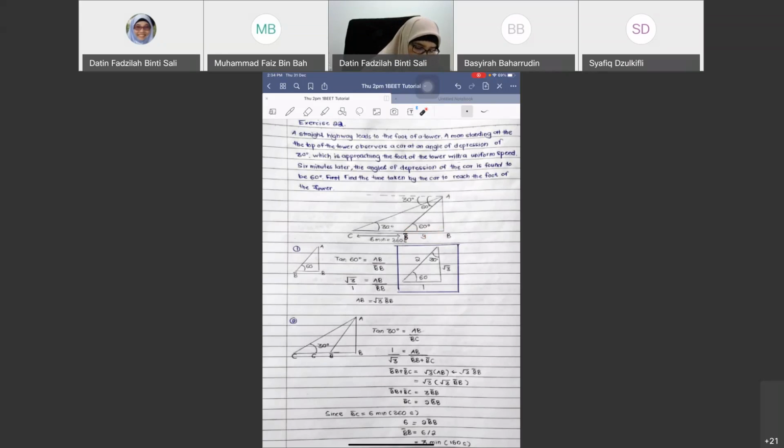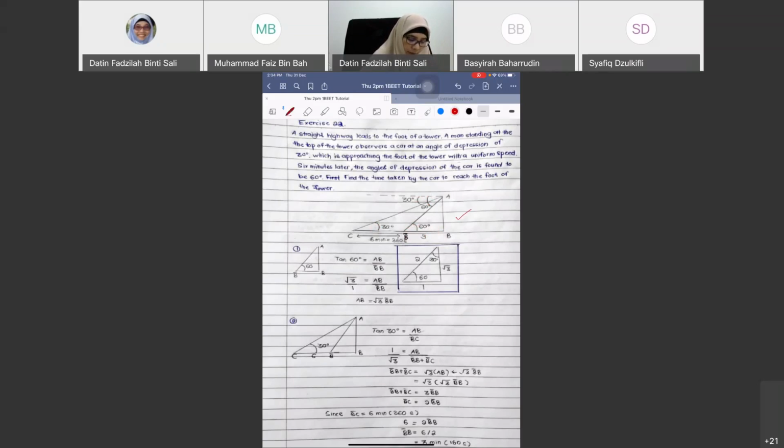If this is 60 degrees here, this is also 60 degrees, correct? And if this is 30 degrees, this is also 30 degrees. That's correct, so the diagram is correct.